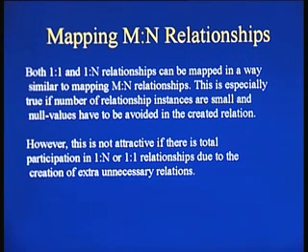It does not violate referential integrity, because remember that referential integrity says that a foreign key should refer to an existing tuple or else should be null. Therefore it does not violate referential integrity, but creates a lot of null values in the database itself. So if you have to avoid null values, it is actually preferable to use the relationship type as the base relation when performing the translation.